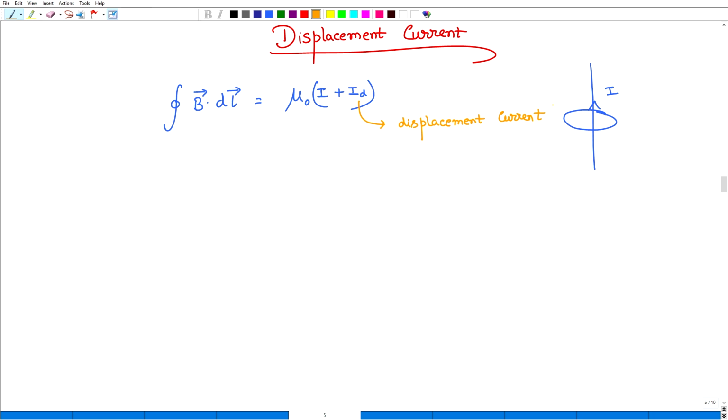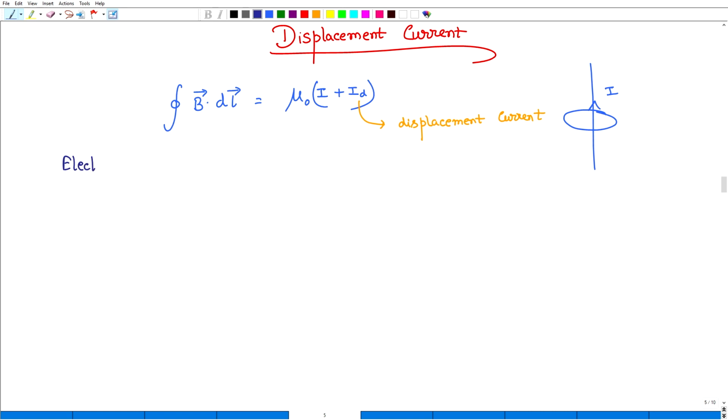So what is the form of this I D? Okay, so as I said, if we consider an electric field which is changing with respect to time, that means there is an electrical flux which is changing with time. So what is the electrical flux?